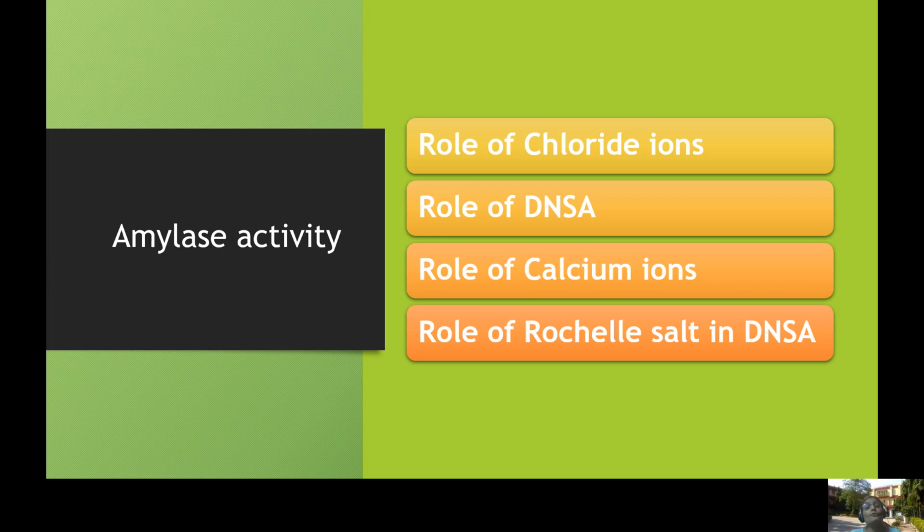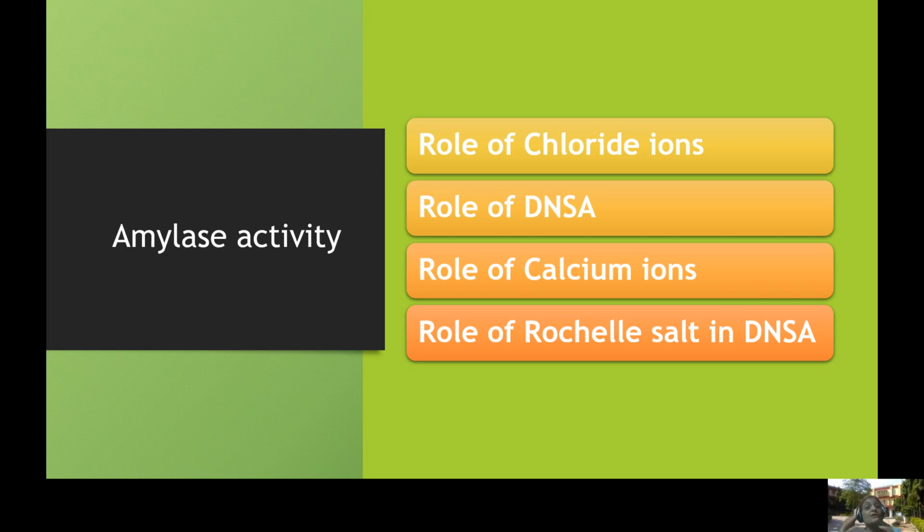Then the role of Rochelle salt. While the DNSA reagent is prepared, some amount of Rochelle salt is added. This Rochelle salt prevents the dissolution of oxygen in the reaction mixture by keeping the ionic concentration high.